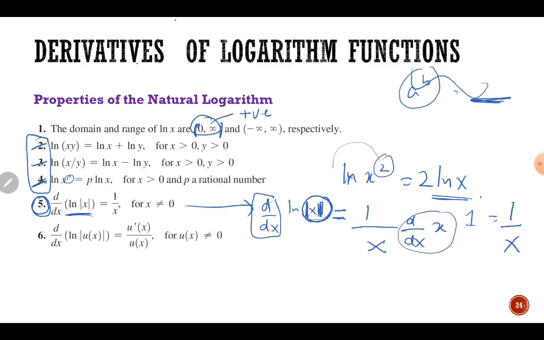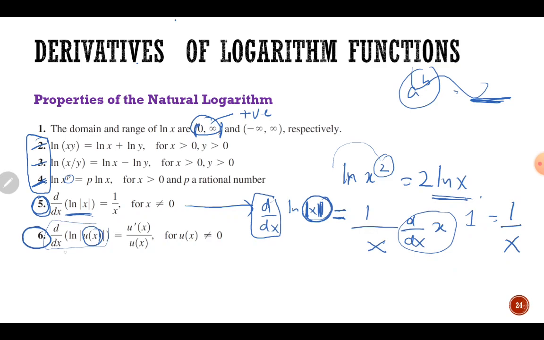Okay. However, kalau you tengok nombor 6 ni, d dx of ln u(x), maknanya u(x) ni it can be any function. It's not necessary only x, like maybe x square ke, x kuasa 3 ke, ataupun x tambah 5 ke, for example.